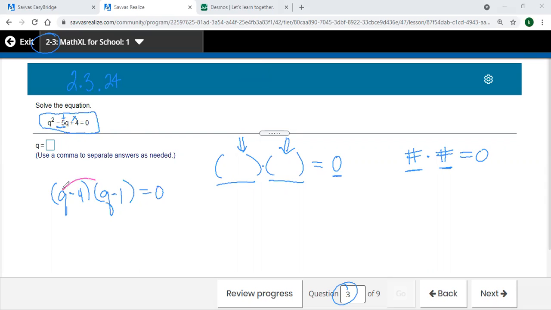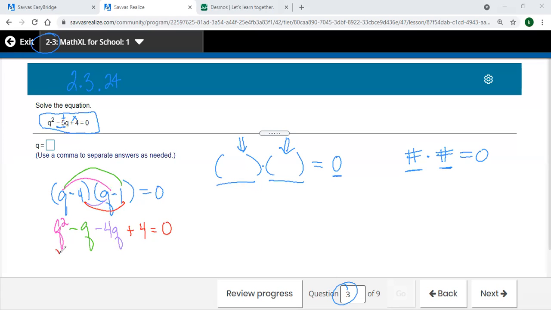So you've got your q times your q for your q squared. You got your q times a negative 1. That's a negative q there. You got your negative 4 times the q. And lastly, you got your negative 4 times your negative 1, which is a positive, negative times a negative.